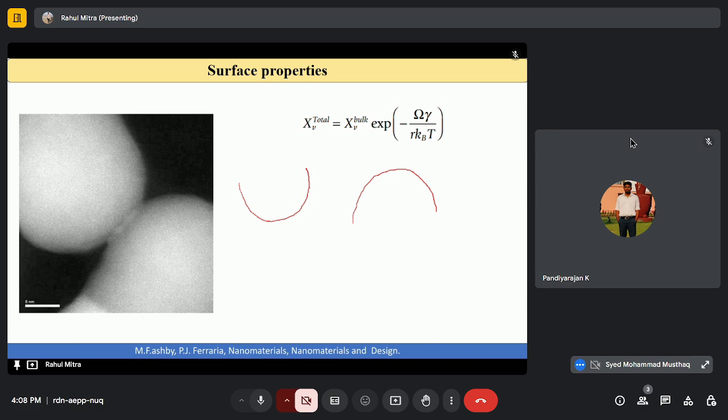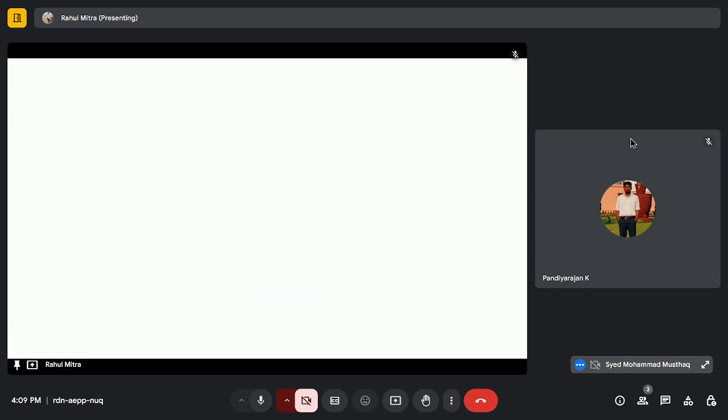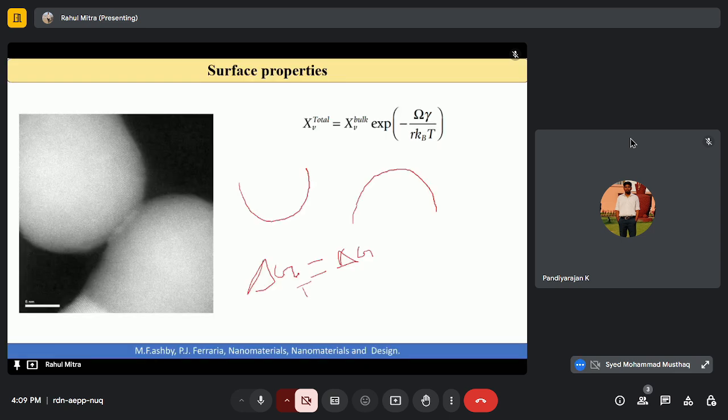So let's go with the free energy. We know that delta G total is equal to delta G on bulk plus delta G, or the excess free energy that is coming from the surface.